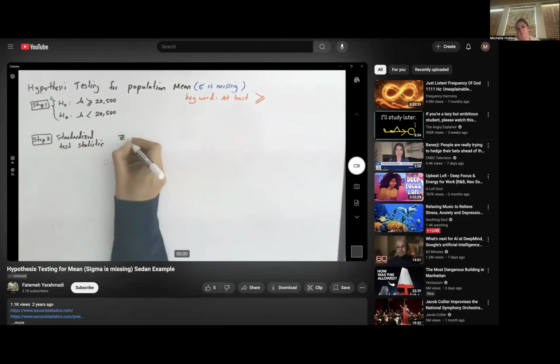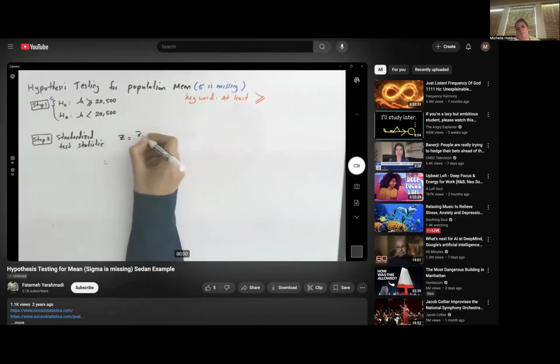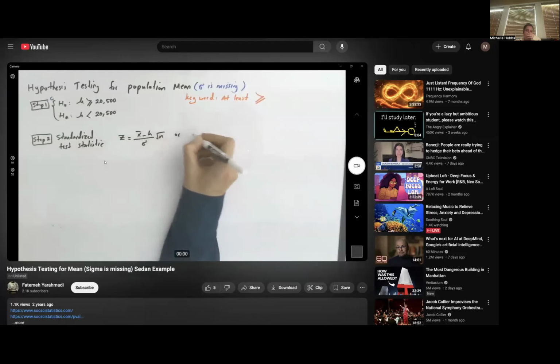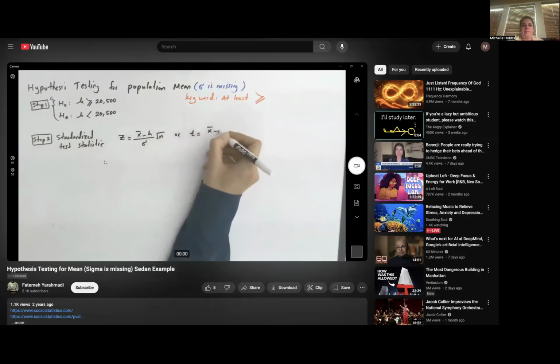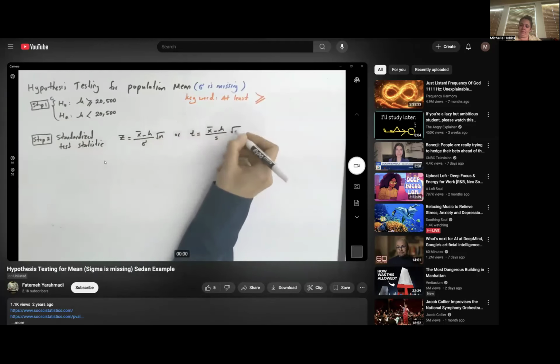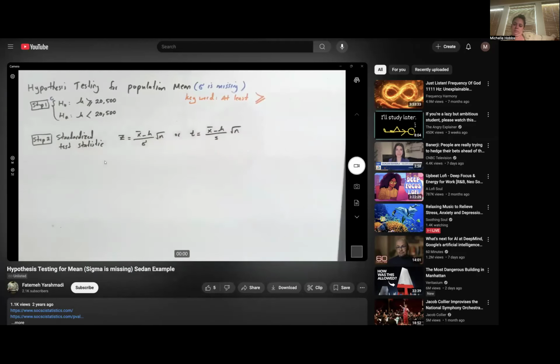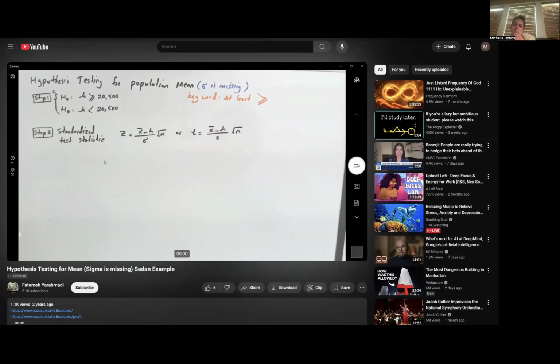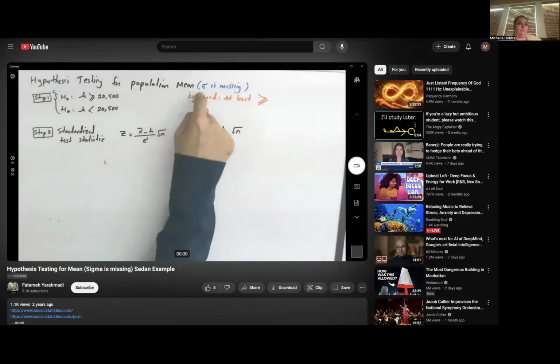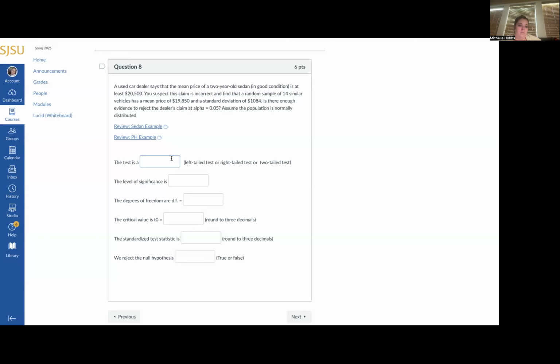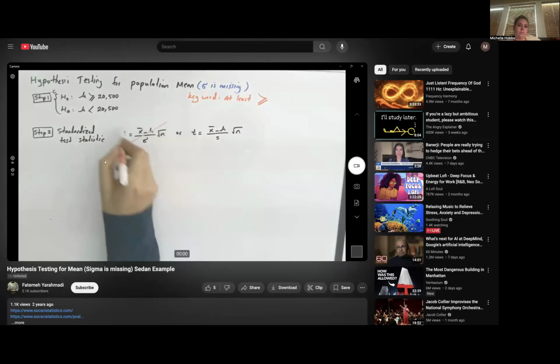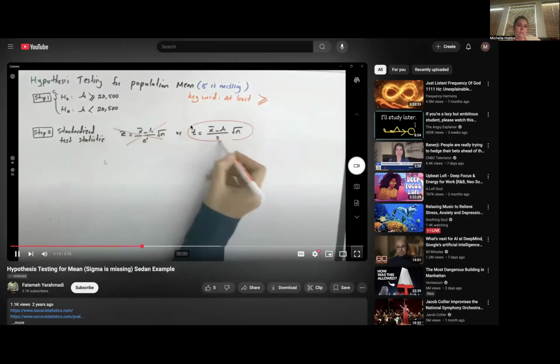Is it Z or T? The question says we don't have any information about the population standard deviation. Sigma is missing, so we are not allowed to use Z. We need to use T.